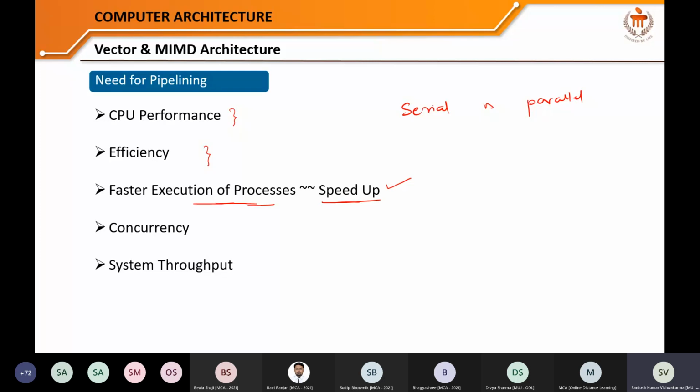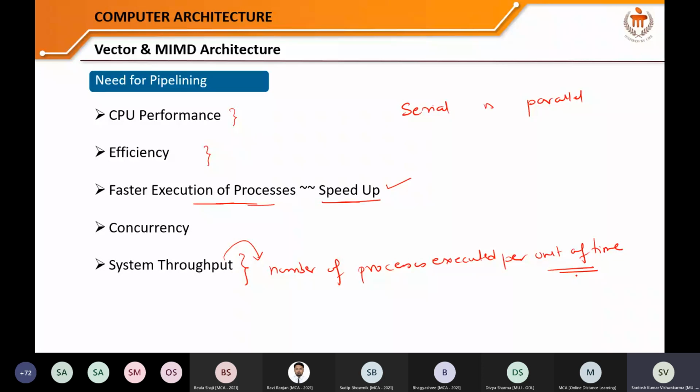And system throughput. Throughput is a measurement of how many processes are executed per unit of time.